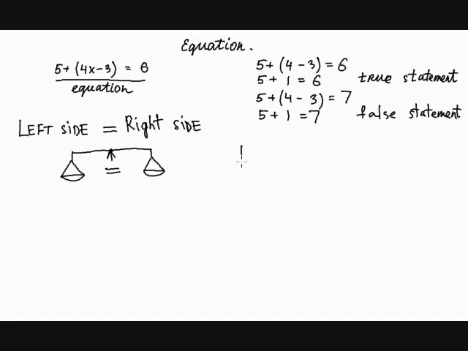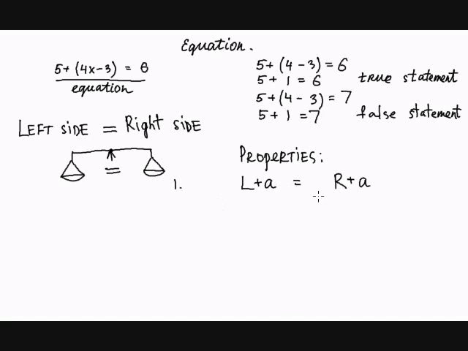And the first property of the equation is the following. If we have an equation, let's say L is the left side and R is the right side, then adding a number to both sides of the equation is not going to change the equation.